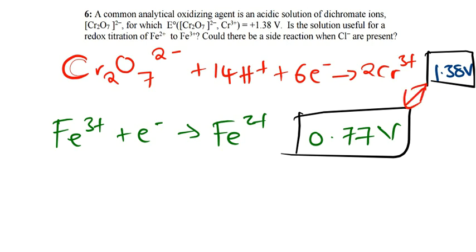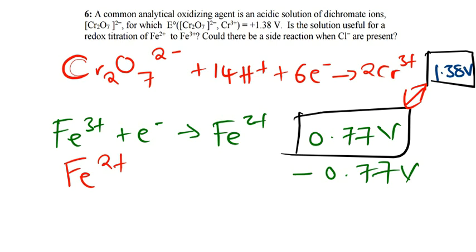Which one is the smaller value between the two? Imagine we're trying to form a galvanic cell. Which one should we reverse between the two? We reverse the smaller one, which is 0.77 volts, which would now become negative 0.77 volts after reversal, implying that we're actually able to do that.